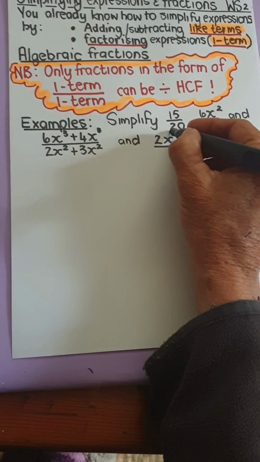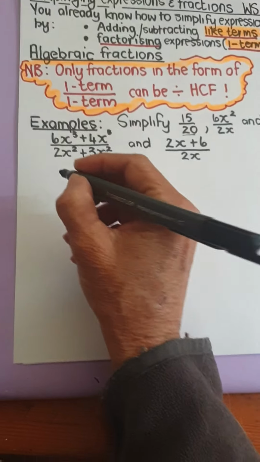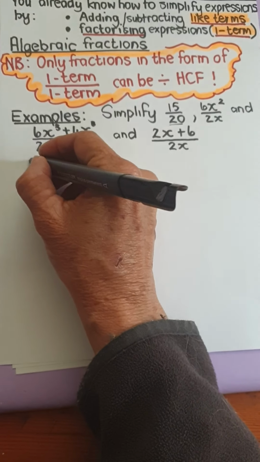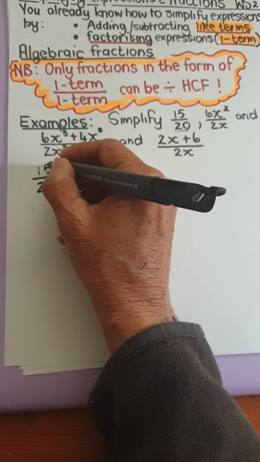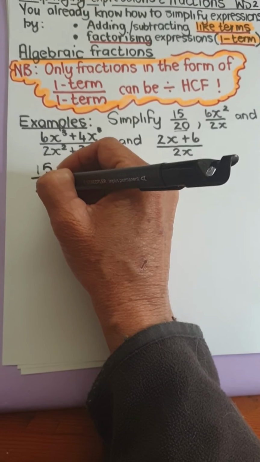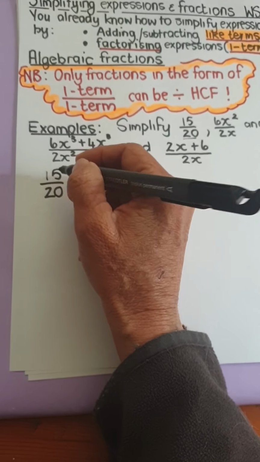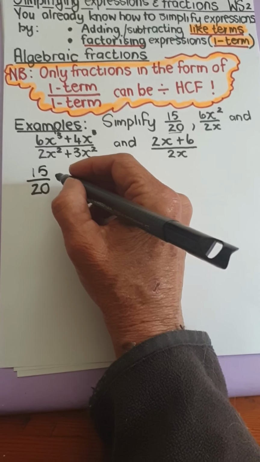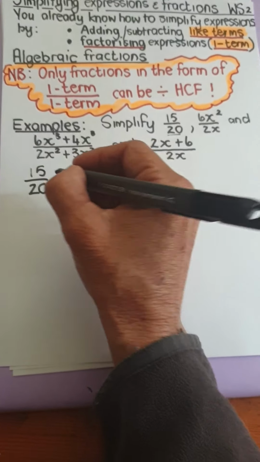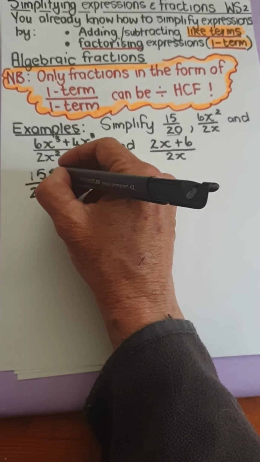The first one, if I have a fraction 15/20ths, it is a one-term expression over a one-term expression. It is easy to simplify because all we need is a highest common factor. So you should all know that 5 is the highest common factor.